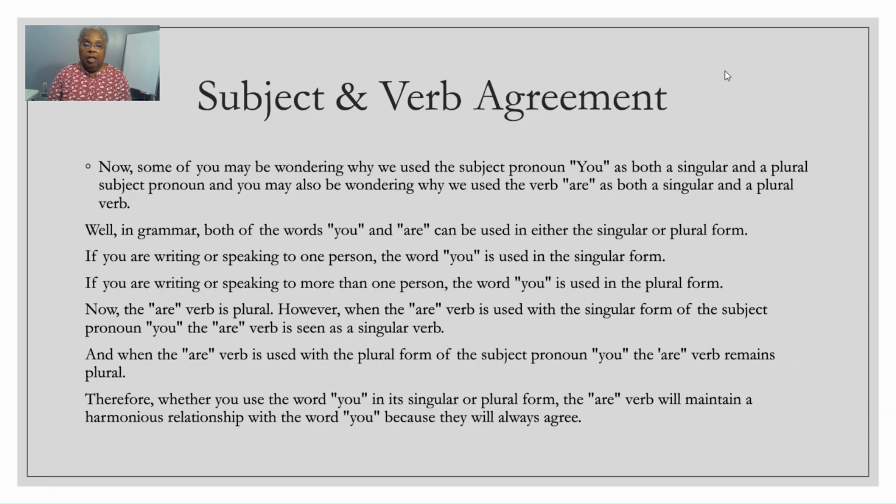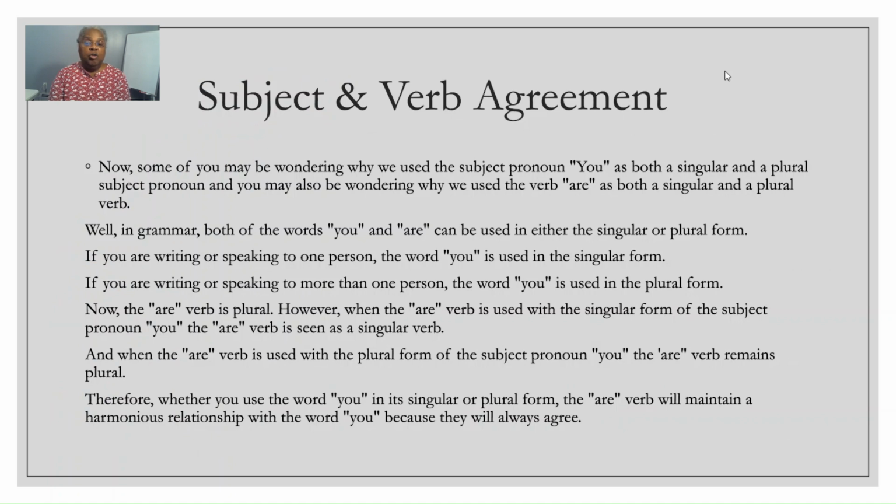If you are writing or speaking to one person, the word you is used in the singular form. If you are writing or speaking to more than one person, the word you is used in the plural form.